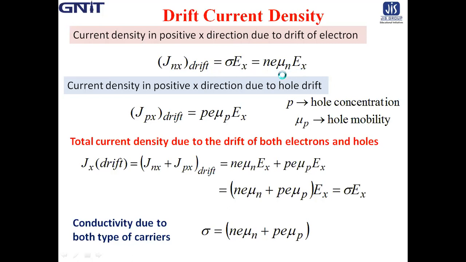Now, similarly, the current density in the positive X direction due to hole drift is denoted as Jpx drift, equal to P e mu p into Ex, where P is the hole concentration and mu p is the hole mobility.